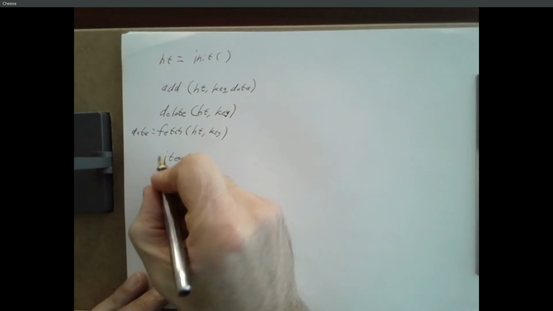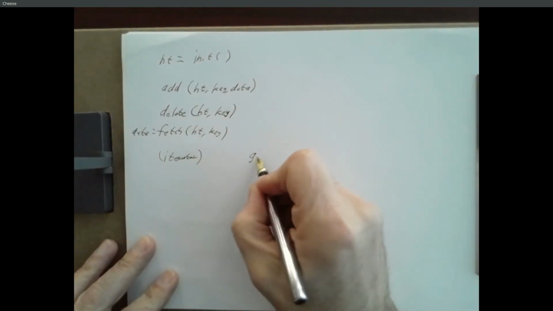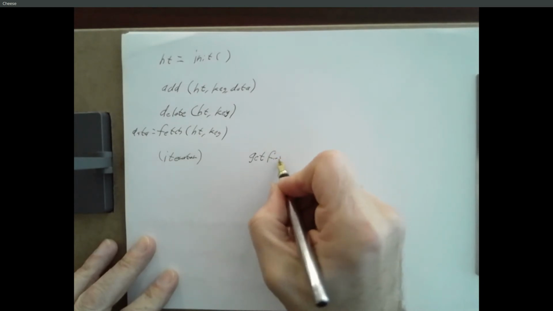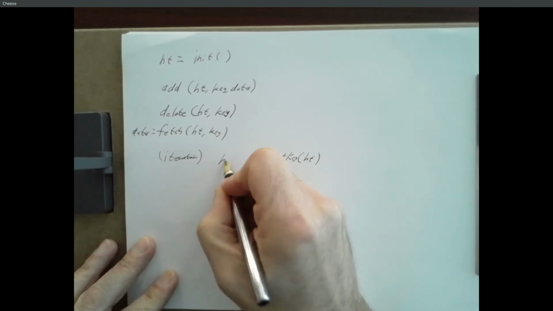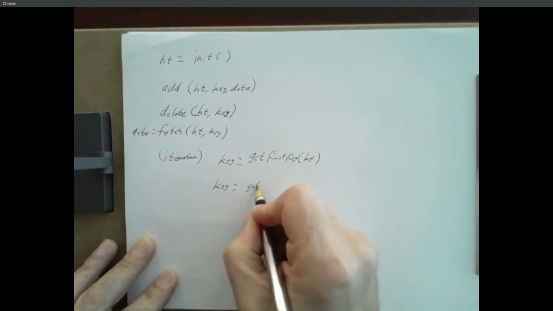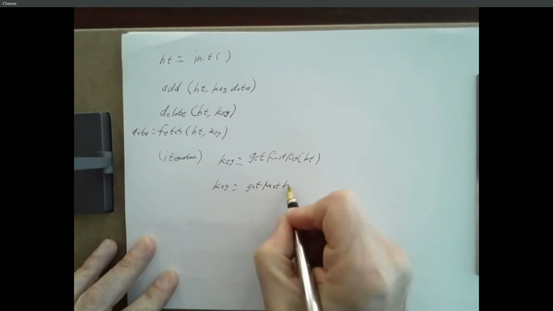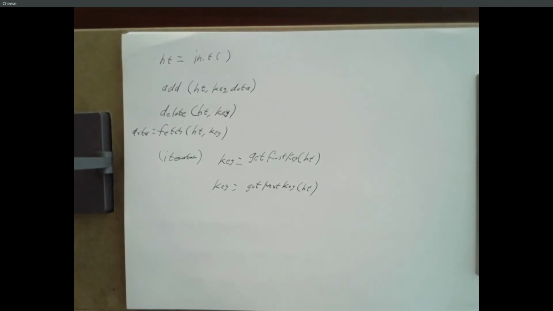So we might have another pair of functions called get first key and get next key, and you use these two functions together.